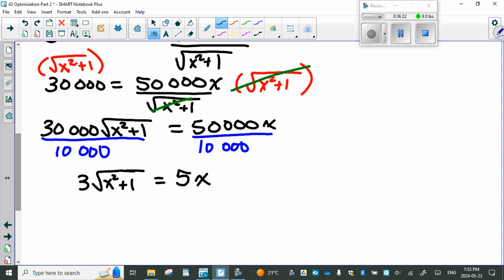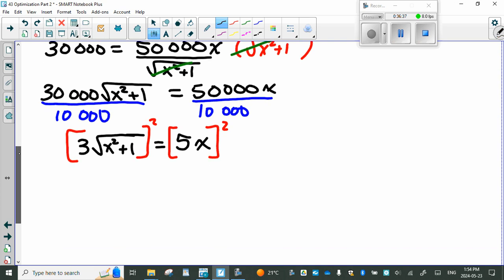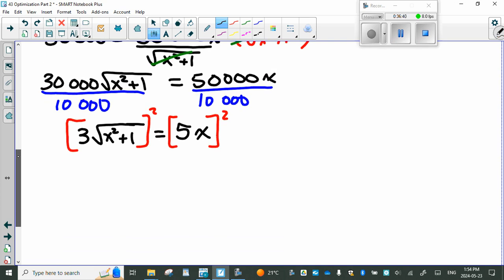And now we're going to square both sides. So we're going to square this whole side and this whole side. Be careful. So what happens when you square the left side?